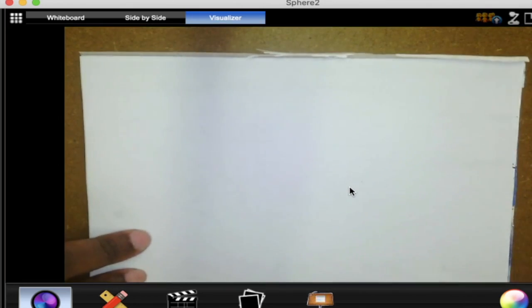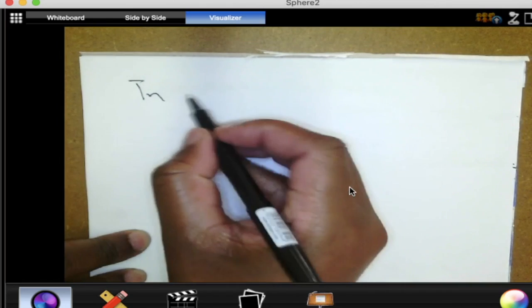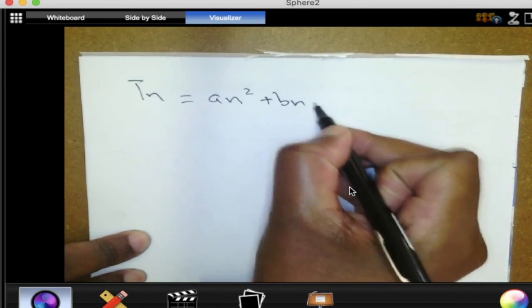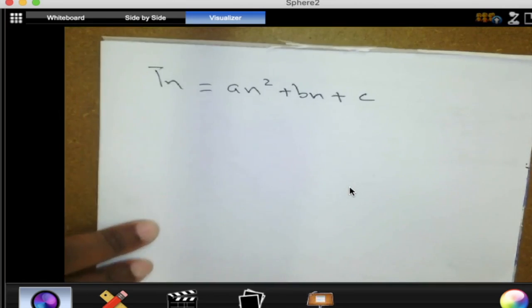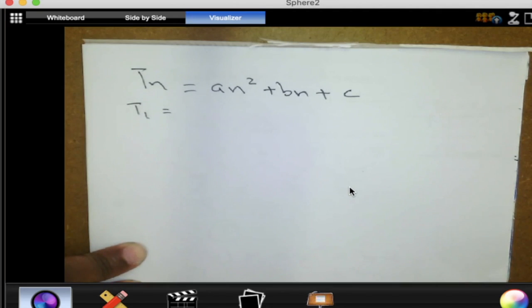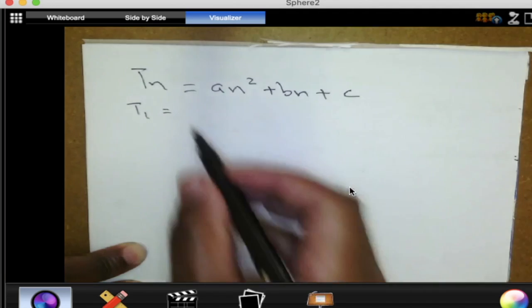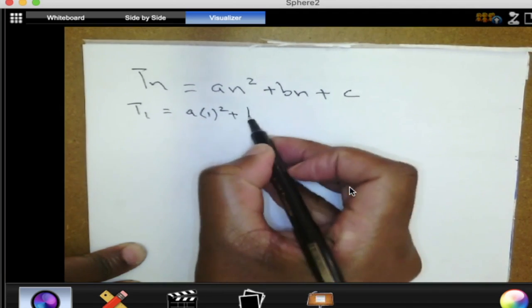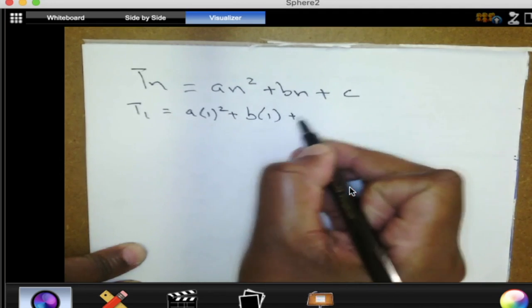So tell me, we are saying Tn is equal to an squared plus bn plus c. So what is T1 equal to? That means we should just replace n with 1, right? So this will become a multiplied by 1 squared plus b multiplied by 1 plus c.